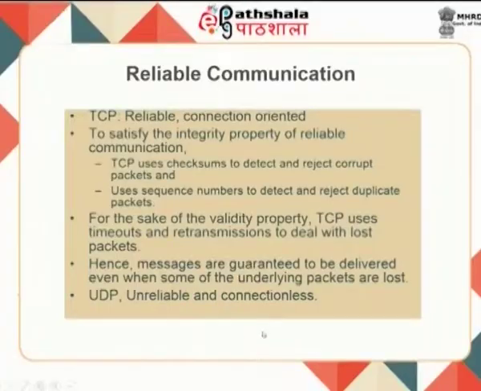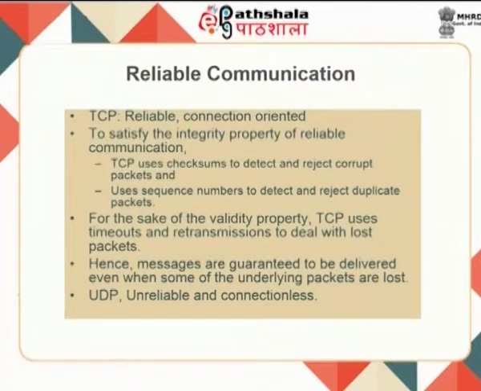However, many applications require that the communication happens faster, and there are quite a few applications which do not need the reliability as is defined by TCP so stringently. So, therefore, the other transport layer protocol, which is UDP, which is unreliable and connectionless, is also used by many cloud systems.